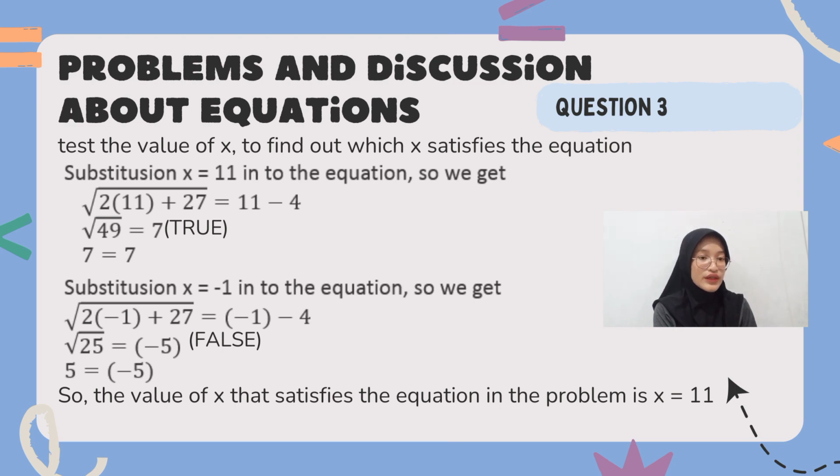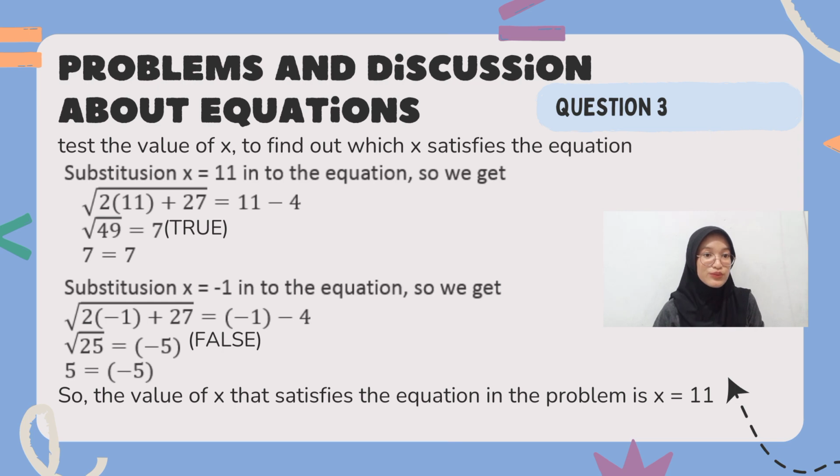So, we get 5 equals minus 5. Is it false? So, from the equation above, we can conclude the value of x that satisfies the equation in the problem is x equals 11.